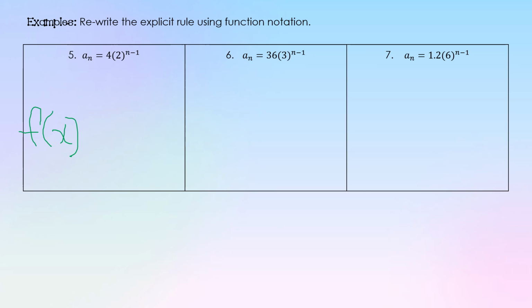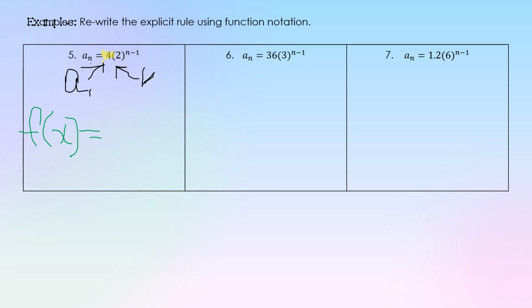Now, what's really important to know is that in the current form, 4 is the first term. That's really important to know that that's the first term. And 2 is your common ratio, which is the same thing as your base.